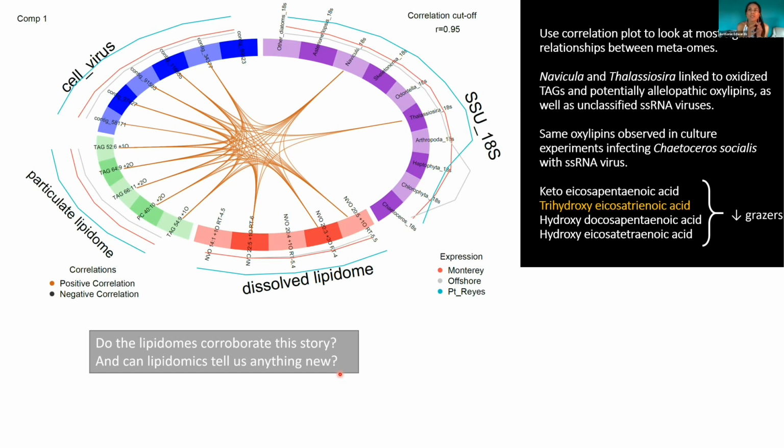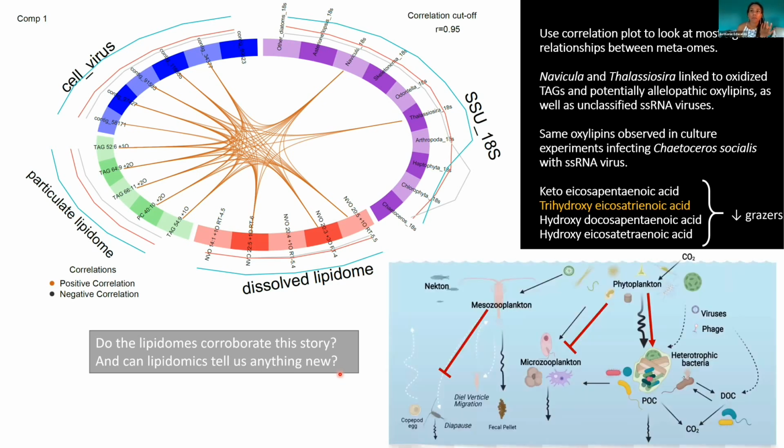And then when we do this integrative analysis, we do find out something new about the system, specifically that these dissolved lipids are distinctive for Point Reyes, and they point towards some grazing deterrence going on in the ecosystem. We also have new hypotheses about viruses that might be infecting Navicula and Thalassiosira.